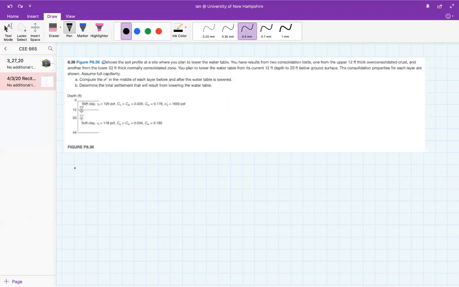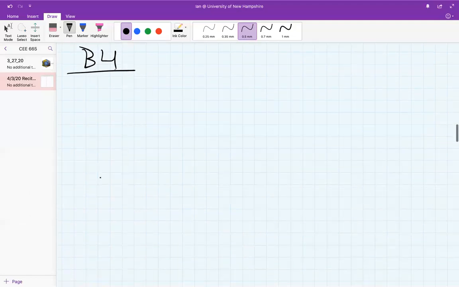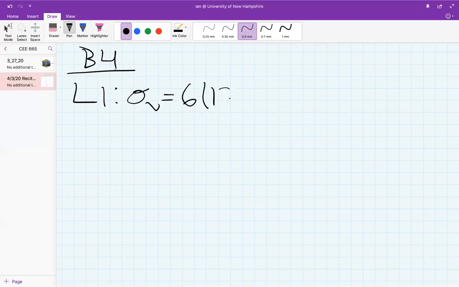So we're going to do before first. I'm going to lower this so we can just see the calcs now. So we're going to say layer 1. We're going to have our total stress equal the 6 feet times 120 PCF, which was given to us, which is going to give us 720 PSF.